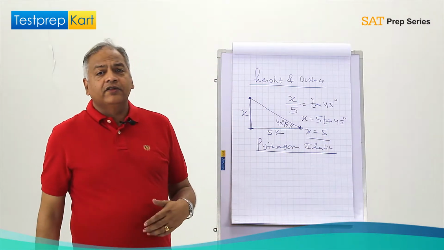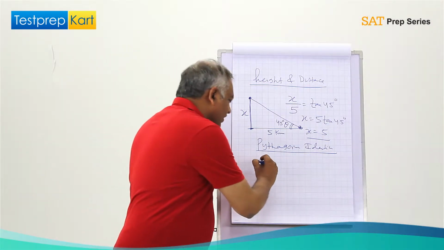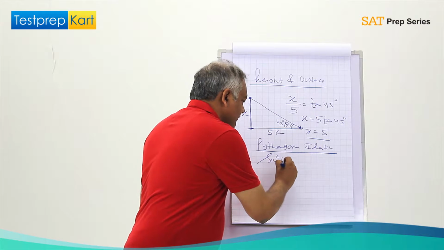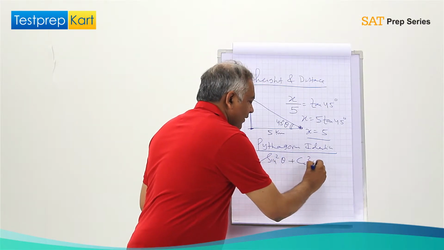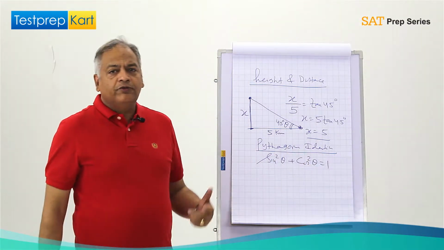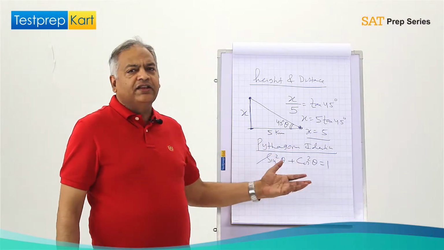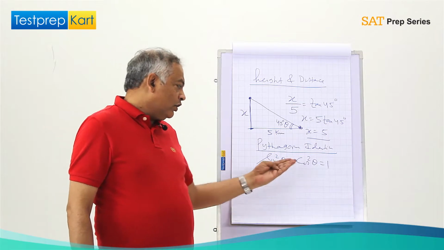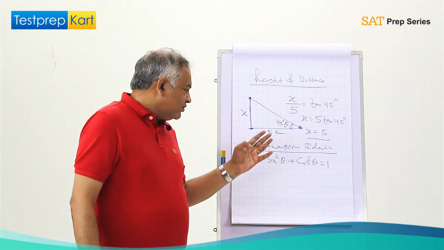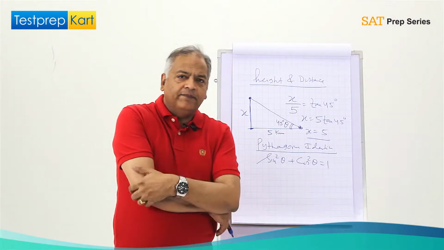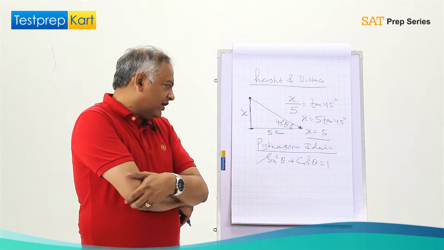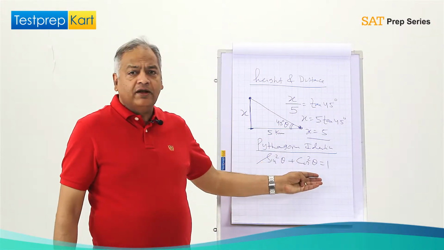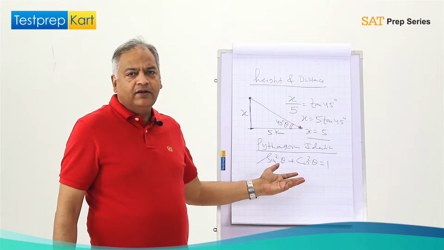One of the identities is, say, sin square theta plus cos square theta is equal to 1. Therefore, one can replace cos theta or sin theta in a particular equation, or suppose you know the value of sin theta and you want to know the value of cos theta. With the help of this Pythagorean identity, one can easily find all those values.